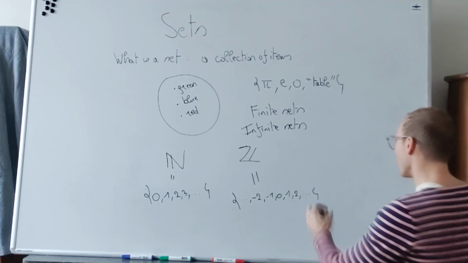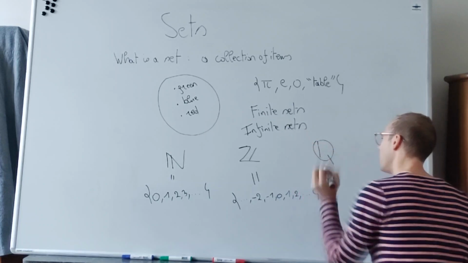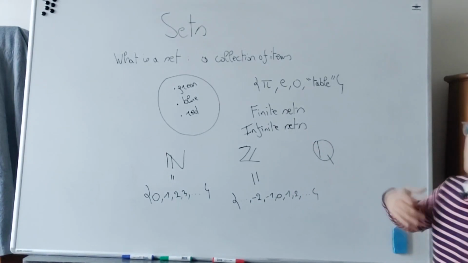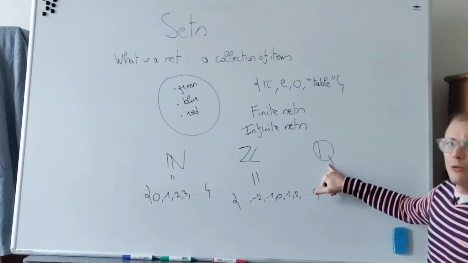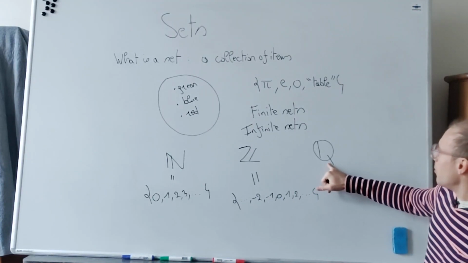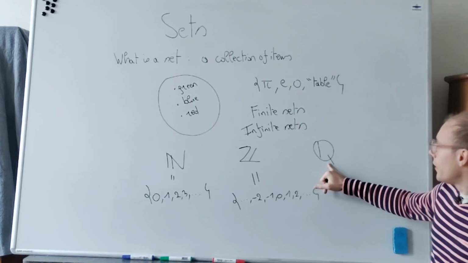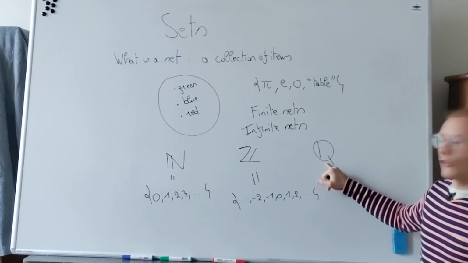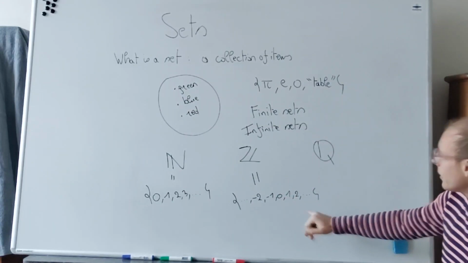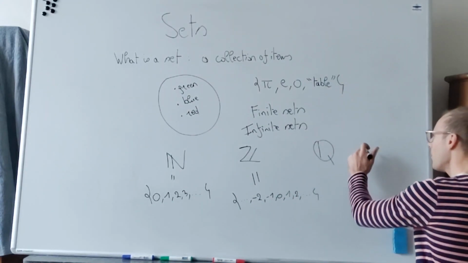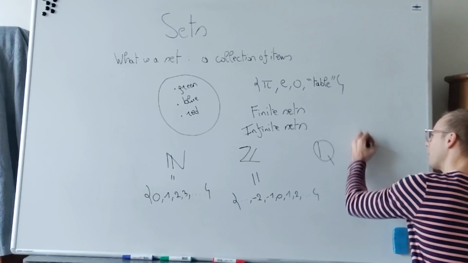And you feel me coming, of course. You also have then the set of rational numbers. And we will be able, in a few videos, we will learn the necessary notation to also write the set of rational numbers using the accolades. But that's for in 2 videos time.